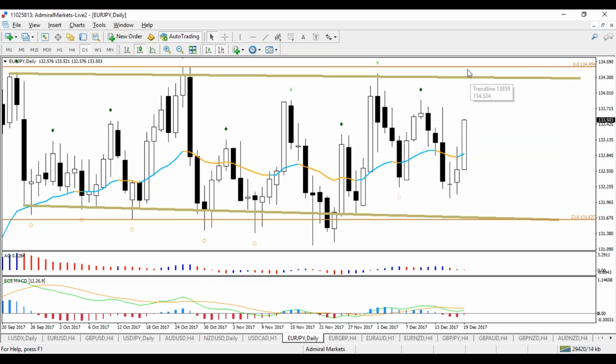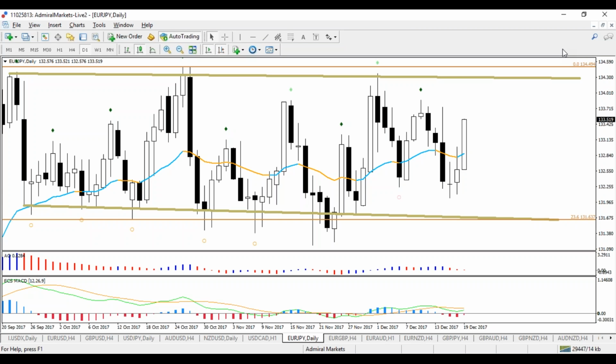If there's a good strong daily candle above that zone, there could be the breakout. But I'm still leaning towards a bounce. Even though this could be the third approach of this resistance zone on the daily chart, one more bounce seems likely, and then there could be that lift off.